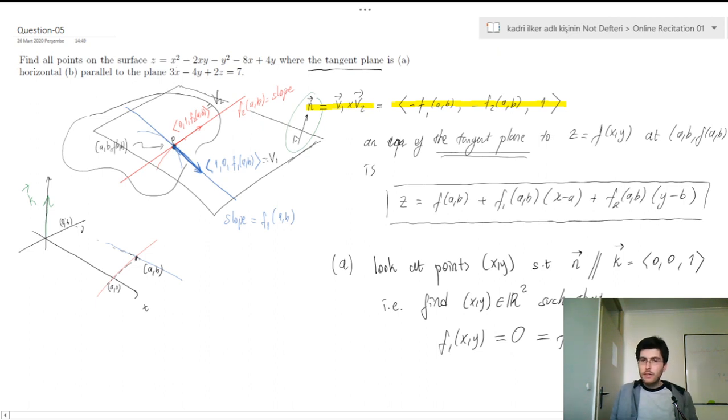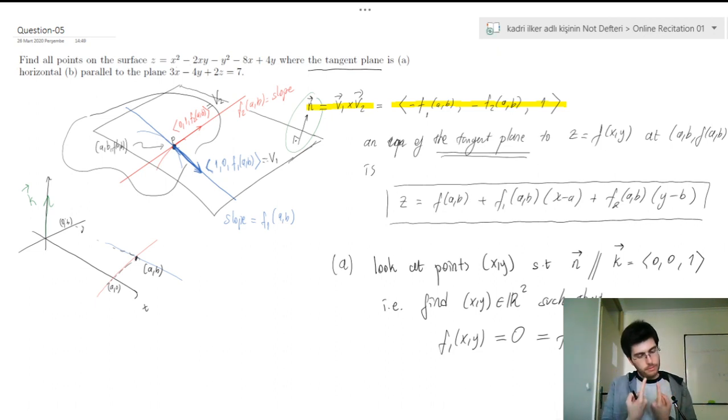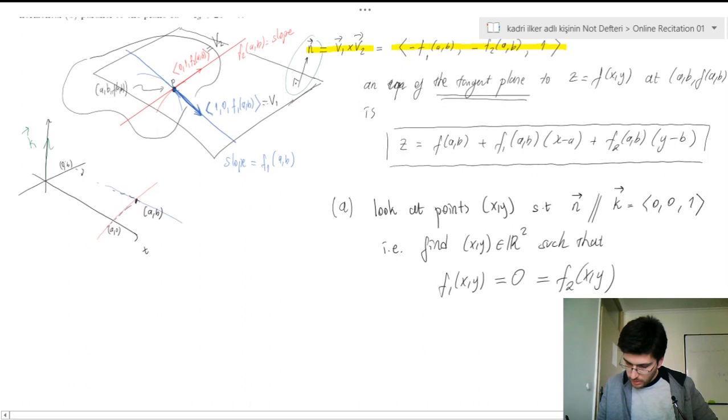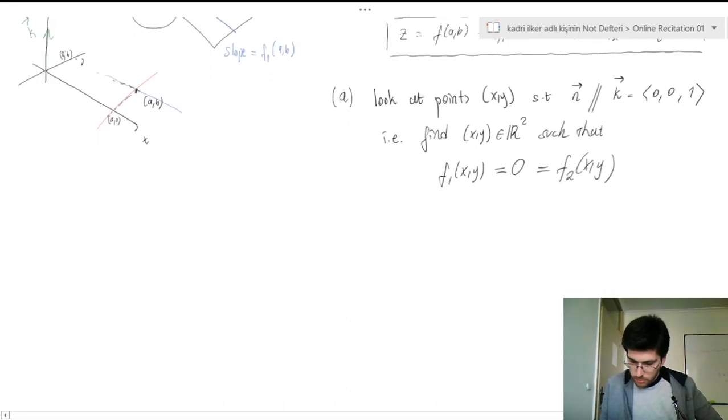Okay, if we really find those points, and then if we compute the tangent plane, then the corresponding normal vector is exactly parallel to the principal direction. Okay, that's all. So this is the condition we are looking for.